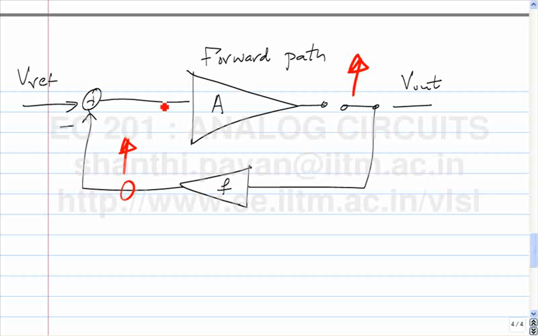If this goes up, what happens to the error? This goes down. If this goes down, what happens to the output of the forward path? Output goes down. Okay? So what do we see? Any attempt to pull one end of the loop up is met by a massive restoring force in the opposite direction.